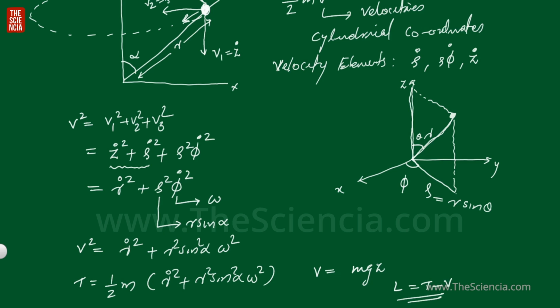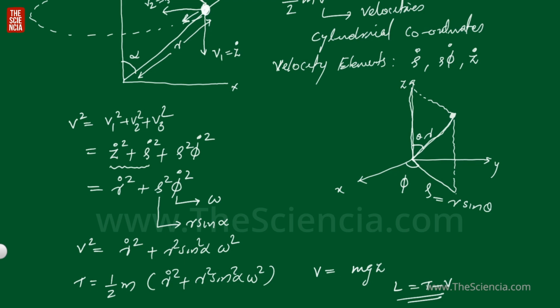It's very easy. See, this method is very easy. You do one thing, you just try to solve this problem by our general equation. So first we take half m times x dot square plus y dot square plus z dot square and take the corresponding coordinates in cylindrical coordinate system. So you get x equal to some value, y equal to some value, and z equal to z.